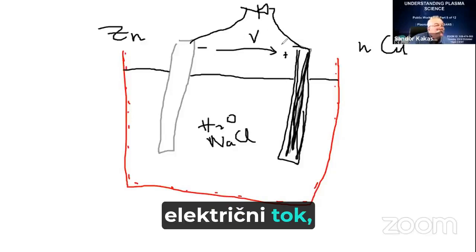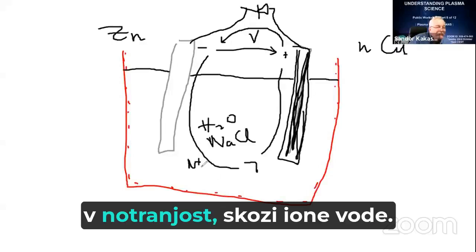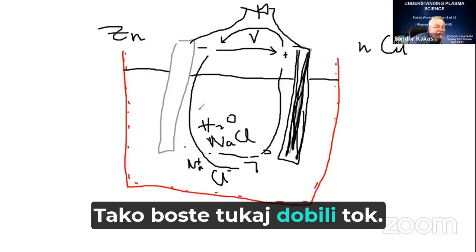So you will get some electric current which will go through the wires on the top and inside through the ions of the water. So you will get a current here.